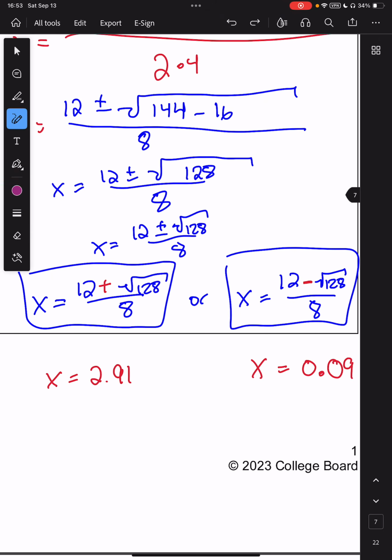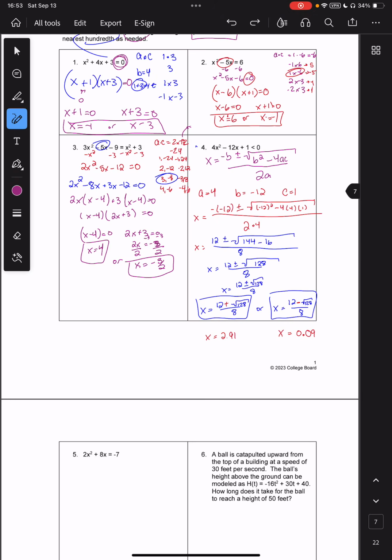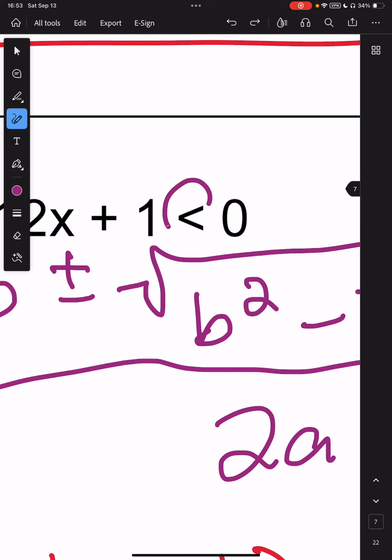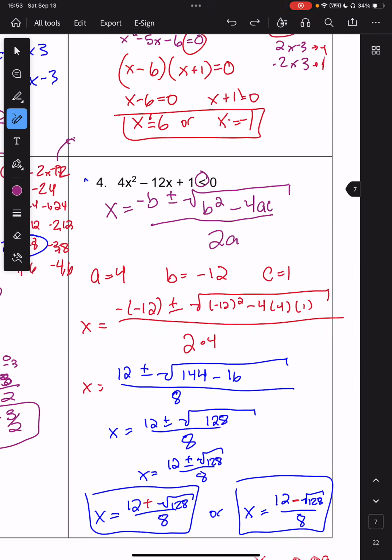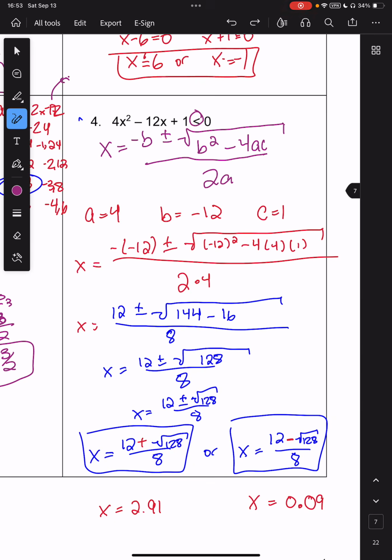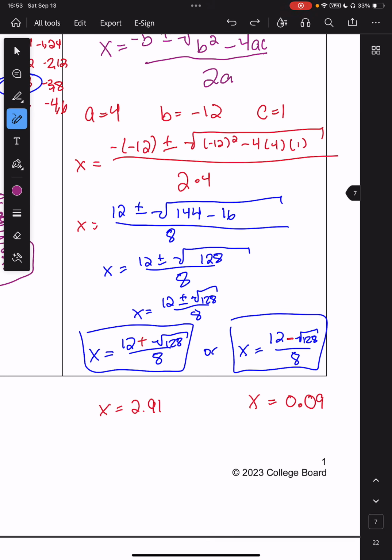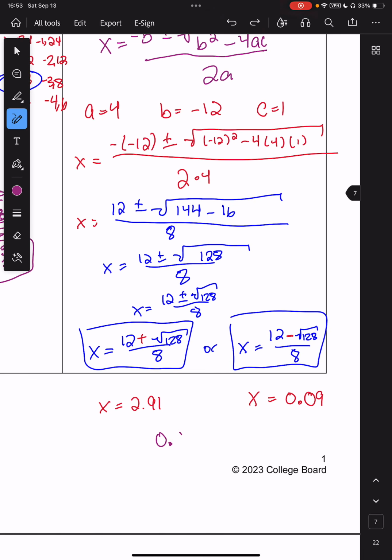No. The answer is no. Because look right here, we have our less than sign. So our x values are going to be in a range. So we have these two numbers. We are just going to write it in a little inequality like this. 0.09 is less than x, which is less than 2.91.